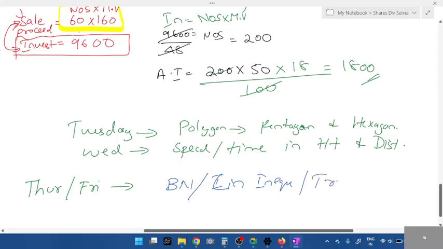Other things, trigonometry and heights and distance. Okay, what else? Circles is done. See, circles and shares and dividends, no more revision. Do you need revision? Because we won't have time, students.